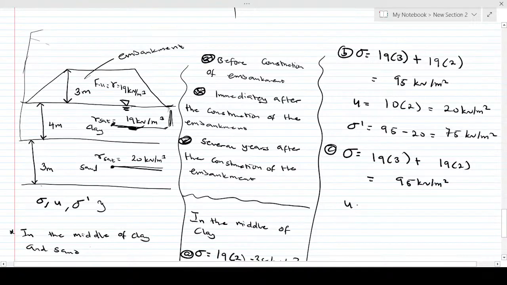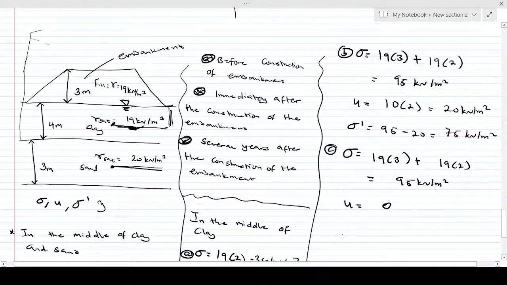Now, the pore water pressure. Since we are saying several years after the construction of the embankment, we are assuming that the pore water has been drained out. So the pore water pressure in this case is considered as 0.